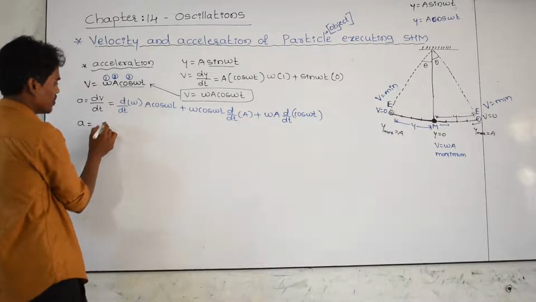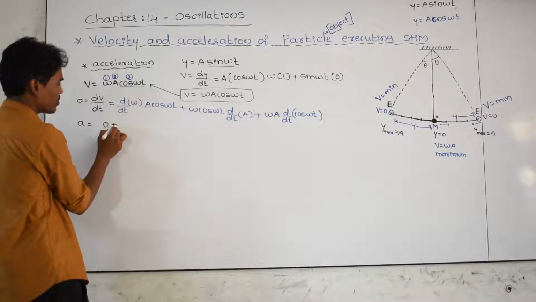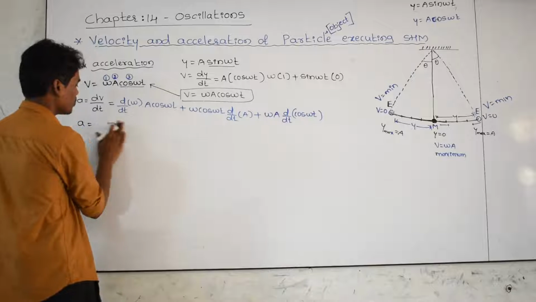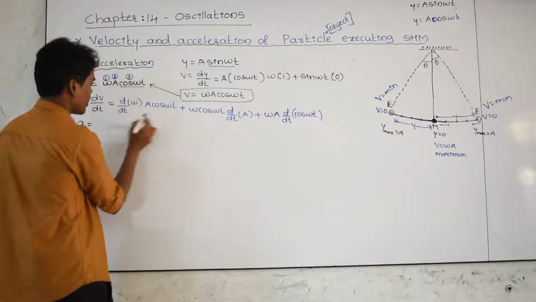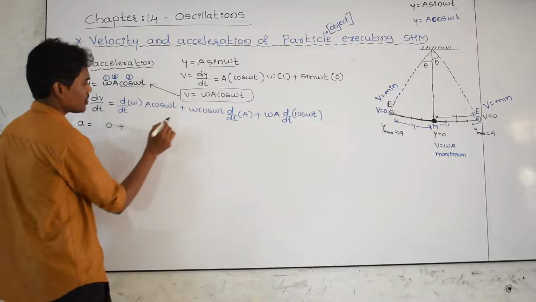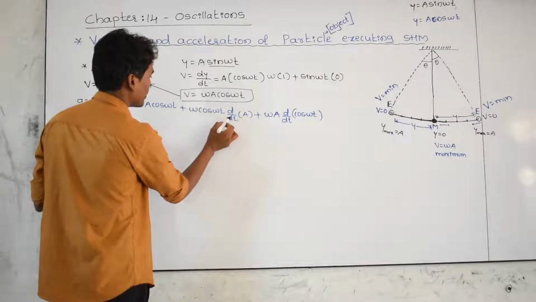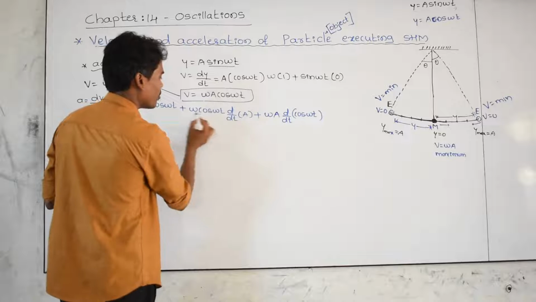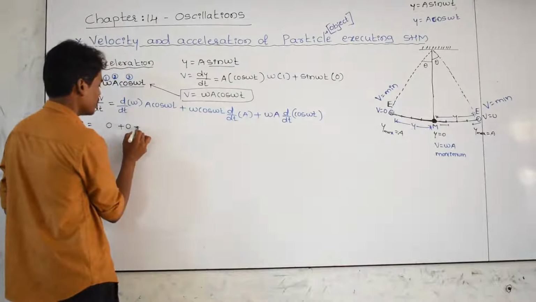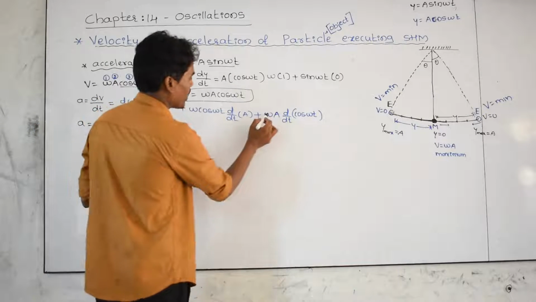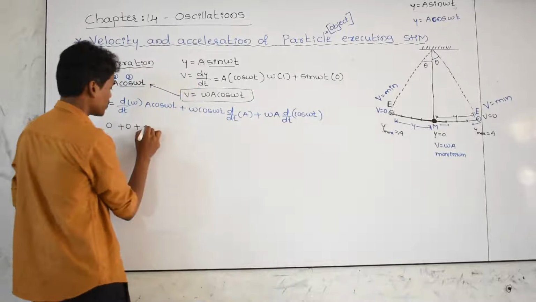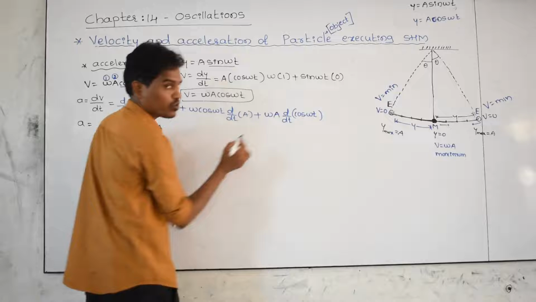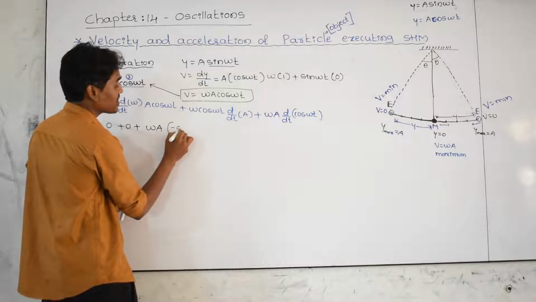This is 0 here, plus again 0 into all these values is 0, plus omega cos omega t times d by dt of the amplitude, which is 0, again 0 into all these values, plus omega into a as it is, and the differentiation of cos omega t is minus sin omega t.